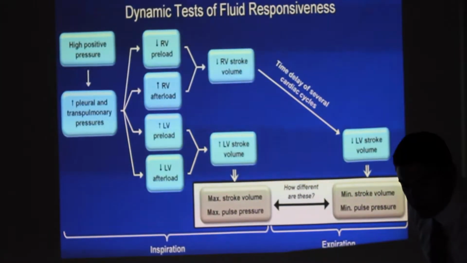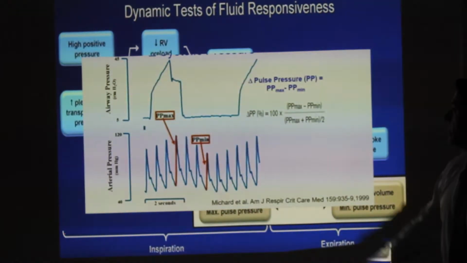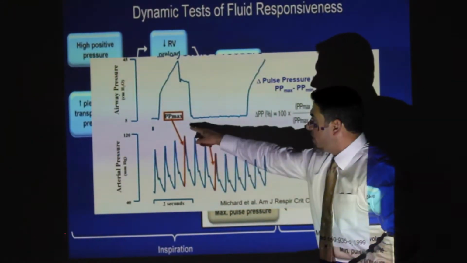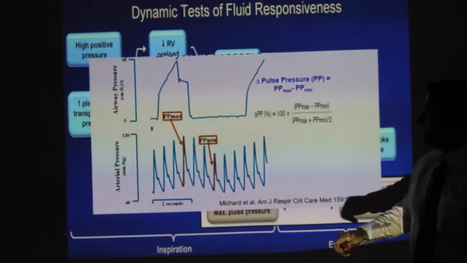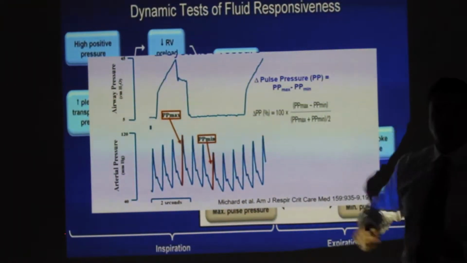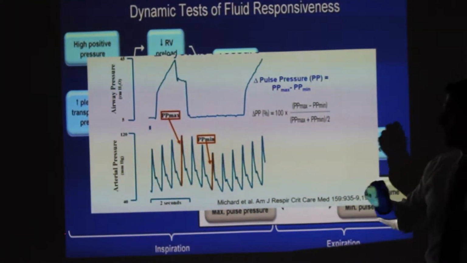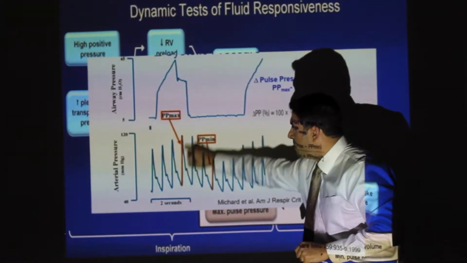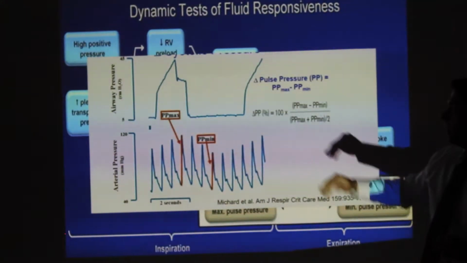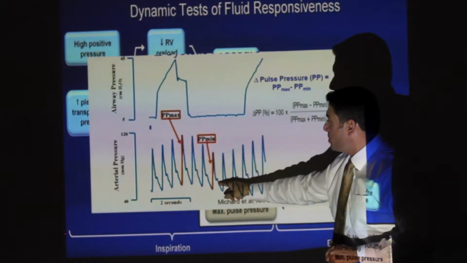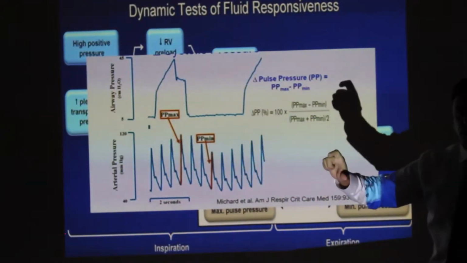So if we put it together, the LV stroke volume during inspiration is going to increase, and this is the pulse pressure maximum. The pulse pressure is the difference between systolic and diastolic, and it's the highest here. The pulse pressure minimum is during expiration, which is going to be the lowest here.